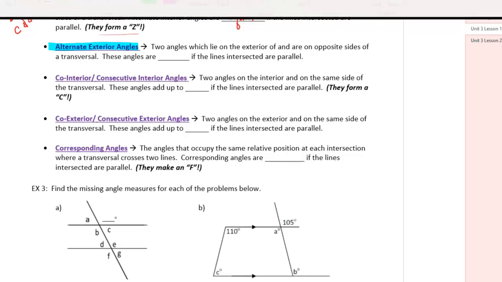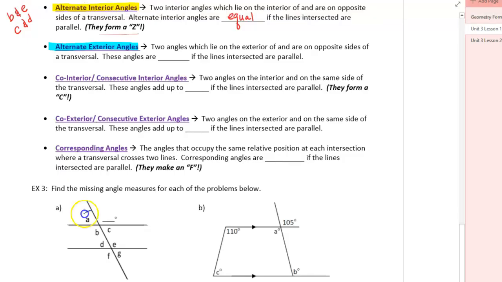So, for instance, we have angle A, and the alternate exterior angle would be angle G. So A and G are outside the parallel lines and on opposite sides of the transversal. So A and G are alternate exterior angles. There is another pair here, but there's no letter there, so we'll just represent alternate exterior angles with A and G. All right, moving on.